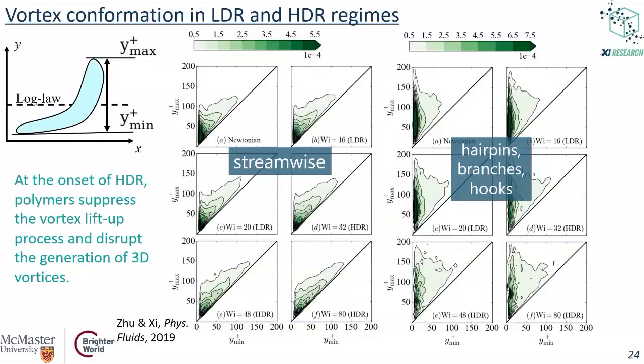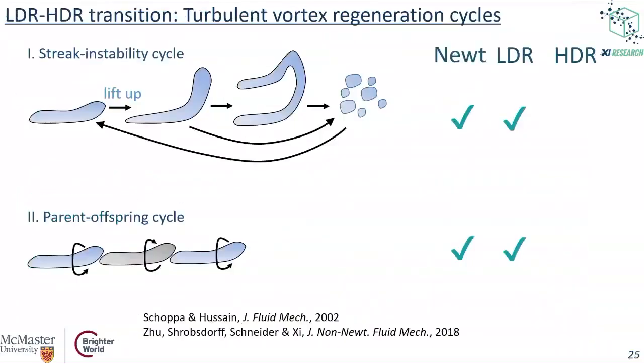But for the hairpin and branch vortices, they always lift up, but you just have much fewer of them, right? So the conclusion we have here is that between the LDR to HDR transition, the streamer vortices no longer lift up, or at least no longer lift up at the same frequency as they do in a Newtonian flow. So the polymer additive, the polymer stress, is interrupting the lift-up process of vortices between the LDR and HDR transition.